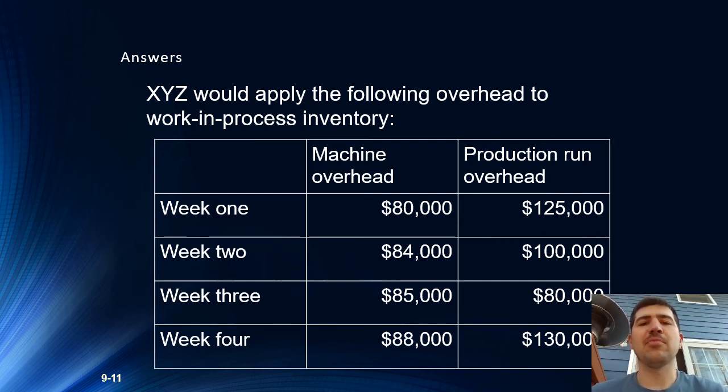And your 25 production runs times $1,000 equals $25,000. Every week you can apply those costs and you can actually figure out how much it is costing you. It's really cool how they can manipulate all of this and apply it.